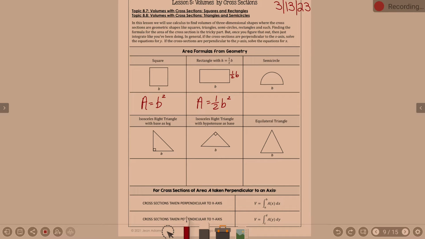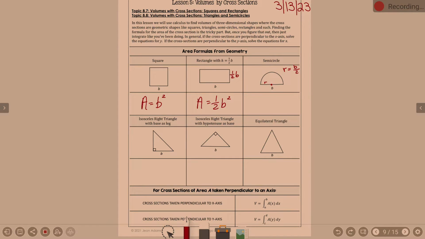Okay, so we're getting there. Okay, so the idea, if this is r, right? So what do we know? We know that r is equivalent to 1/2 the base, right? Or in other words, b over 2.